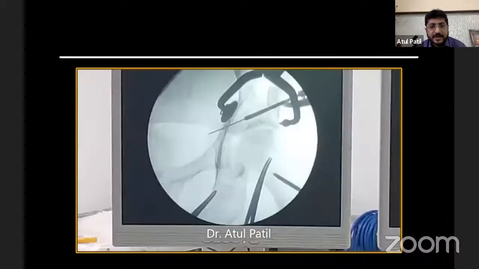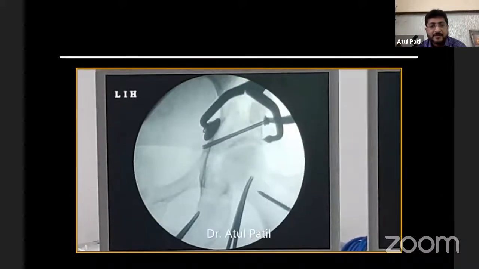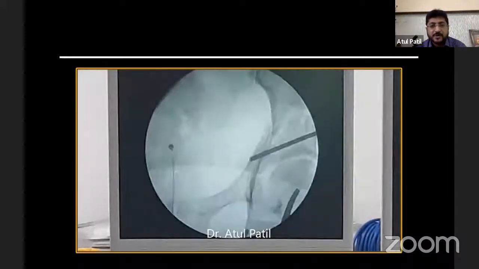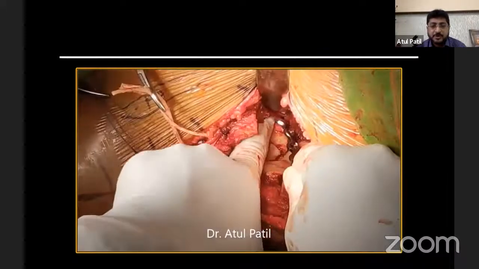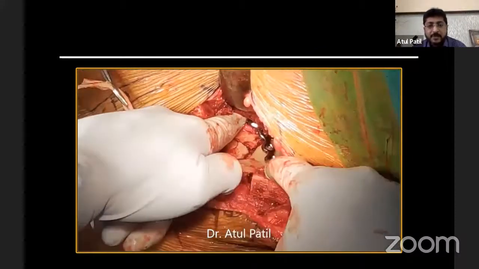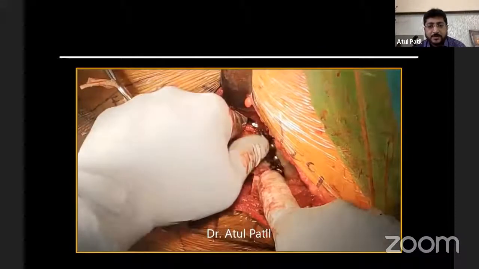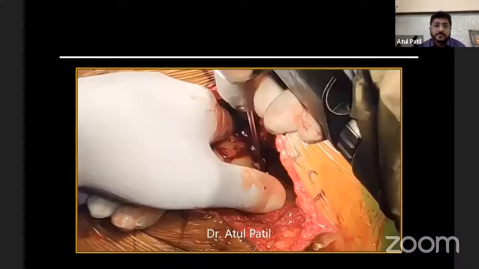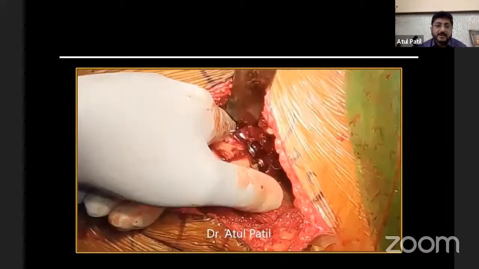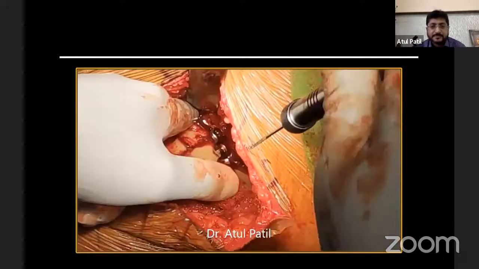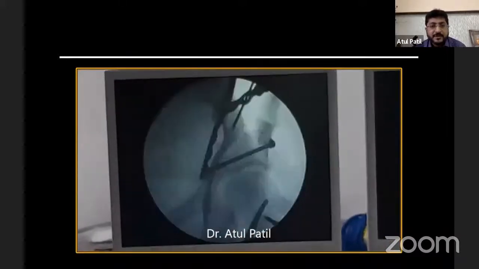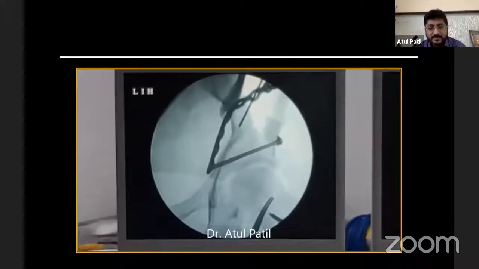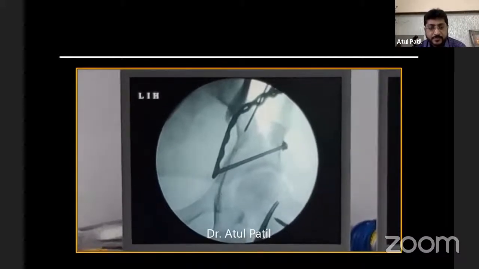Now you can see another reduction clamp in place and the neutralization with the help of a lag screw, that is called the supra-acetabular screw, which is from outside in. Now comes the bent curved recon plate. The bent portion will support the quadrilateral plate indirectly and it will be fixed on the ilium. Here you can see now how nicely the quadrilateral plate is buttressed and fixed with the help of an interfragmentary screw.